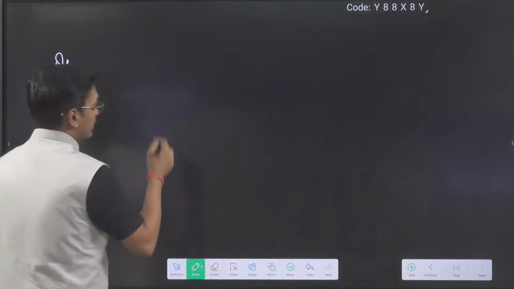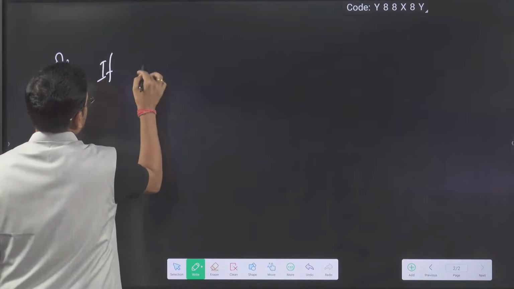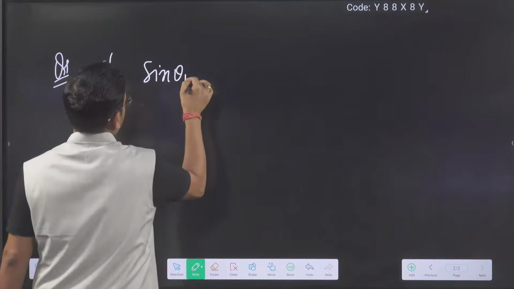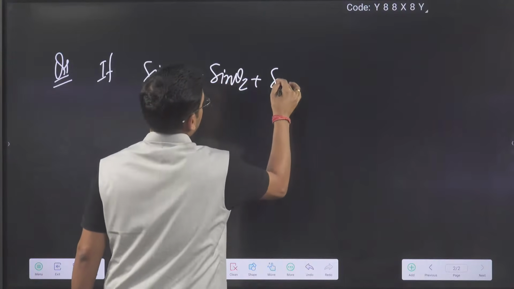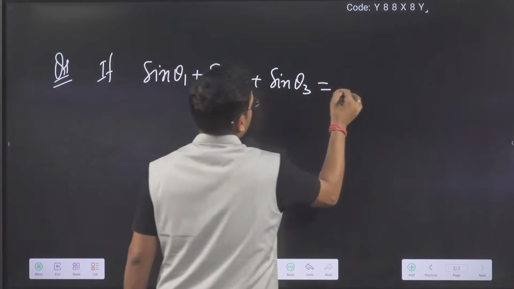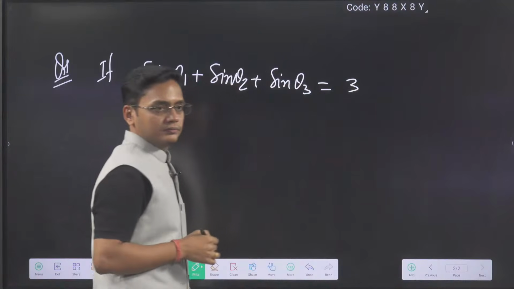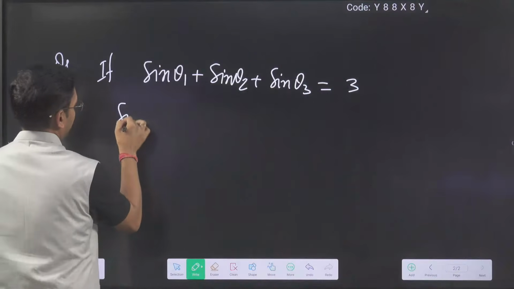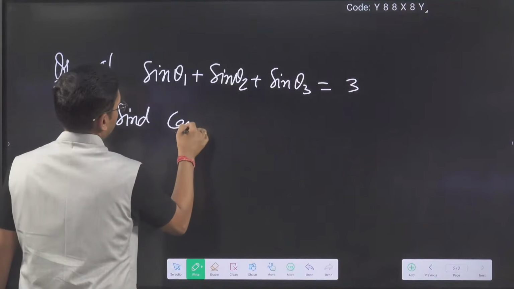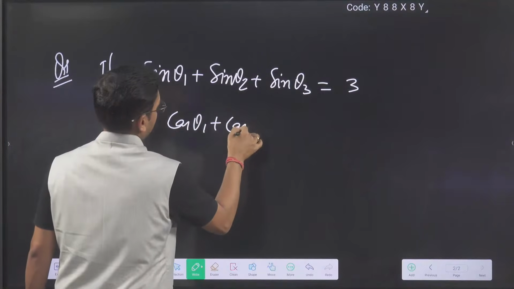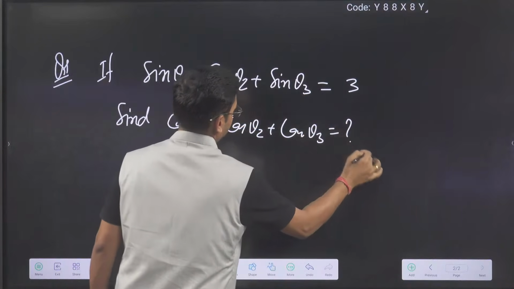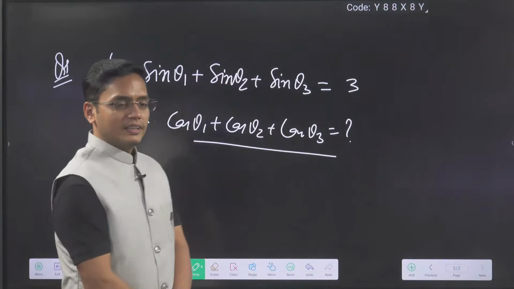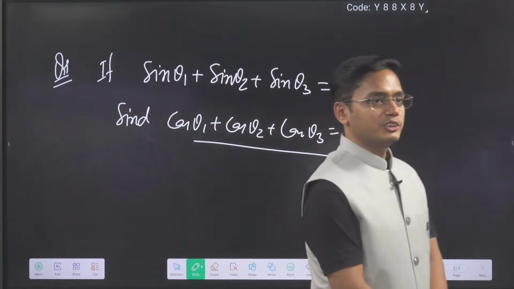Question is, if sine theta 1 plus sine theta 2 plus sine theta 3 is equal to 3, find cos theta 1 plus cos theta 2 plus cos theta 3. This you have to do. Let's see who can find the solution of this question.